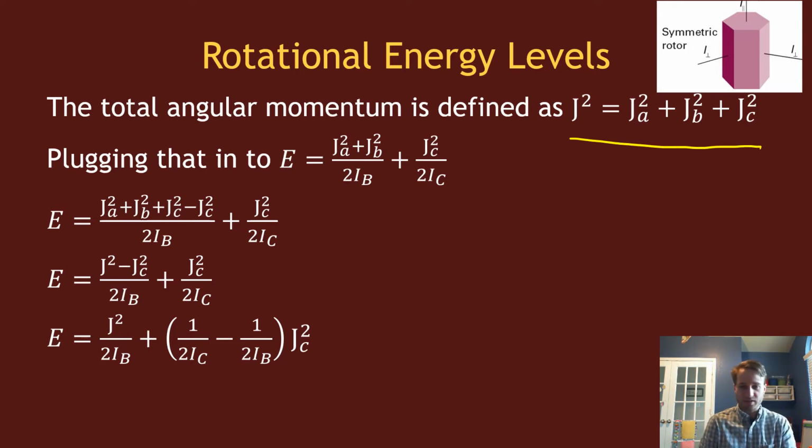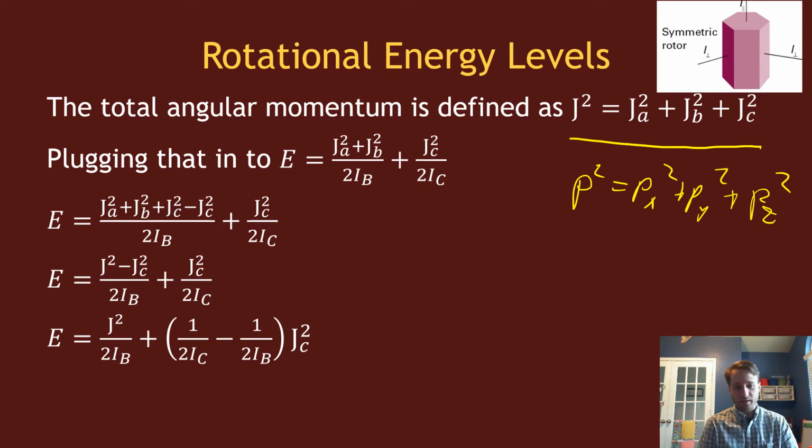It's the same thing as your momentum squared being px squared plus py squared plus pz squared. So the same principle in linear momenta applies to angular momentum. And so I'm going to use that fact.